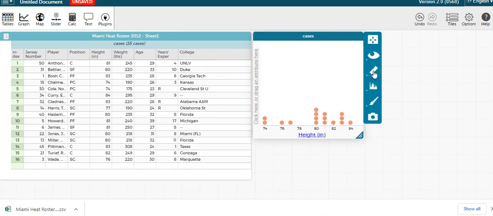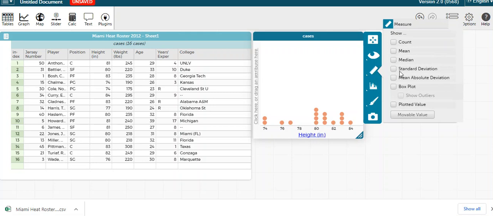Now, when I start doing stuff like the median and the standard deviation, or no, excuse me, the mean is what I want. The mean.